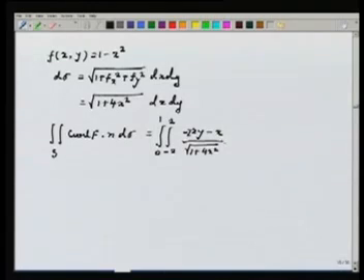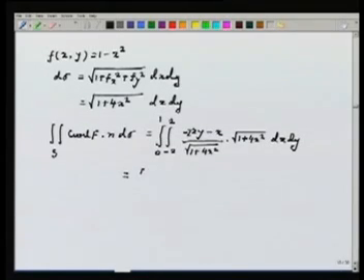Then in this expression of curl f dot n d sigma, double integral over s, I have to multiply with d sigma, but d sigma is square root of 1 plus 4x square and then dx dy.